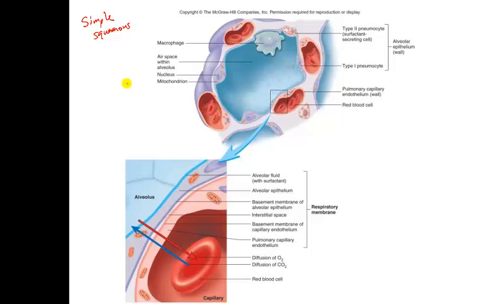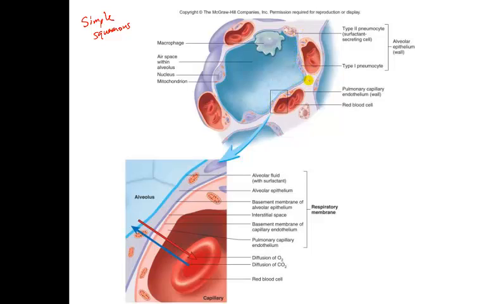Well, it's the same as it was in the capillaries, right? Simple squamous, thin as possible to maximize the ability for things to pass across, right? The thinner the membrane, the easier diffusion is. So that's the epithelium lining the alveolus.